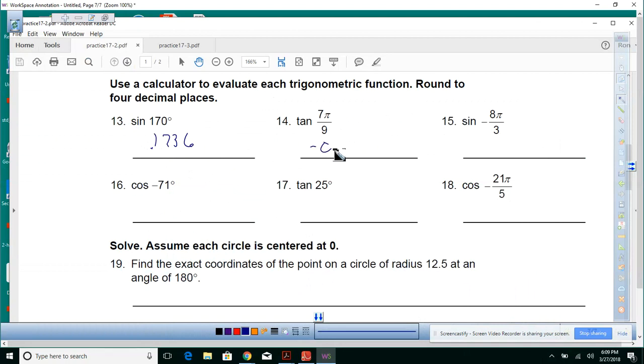That's negative 0.8391, negative 0.8660, and here is 0.3256. You know, this is even on your cell phone calculator, 0.4663. And this one here is 0.8090. All right, not a problem.